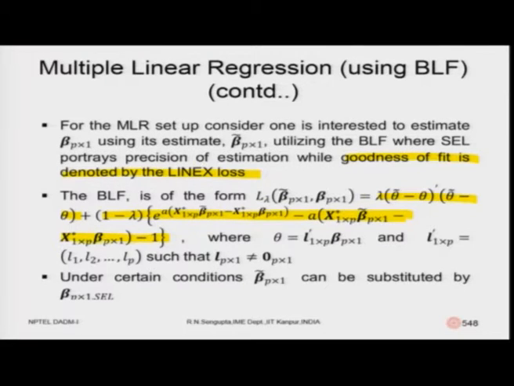So, this is the goodness of fit, and for the precision of estimation, I am using the red color: squared error loss portrays precision of estimation. So, this is the precision of estimation.